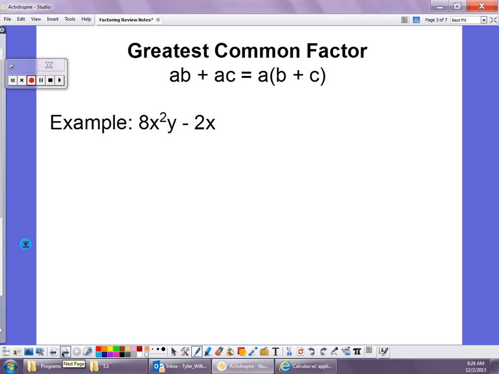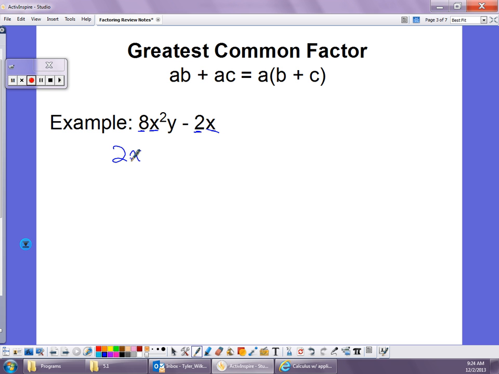All right, we can also factor out using the greatest common factor. So what we're looking at here is the entire thing. What do both of these parts have in common that we can pull out? Oh, good, 2x. So this has an x, this has an x. And then this has a 2, and this has 8, which we can factor out a 2 from.